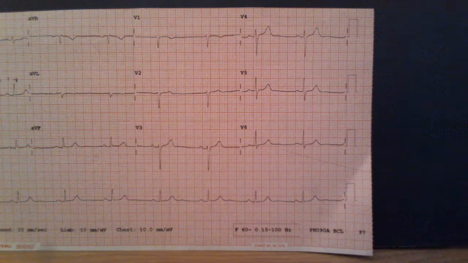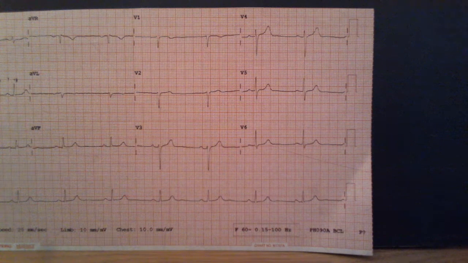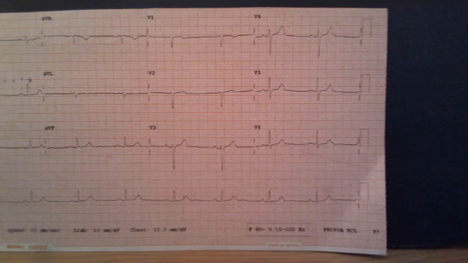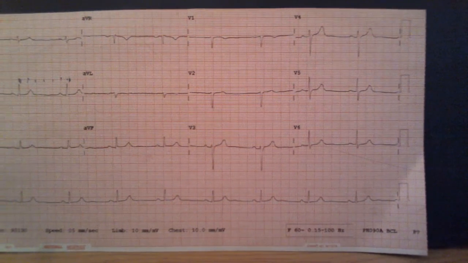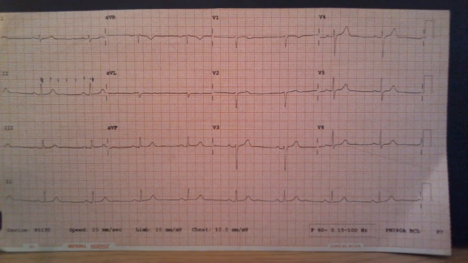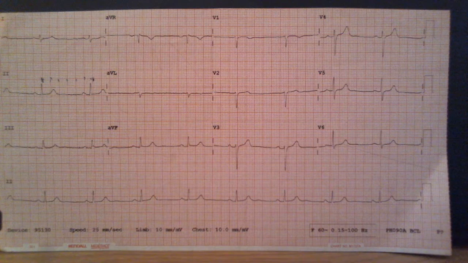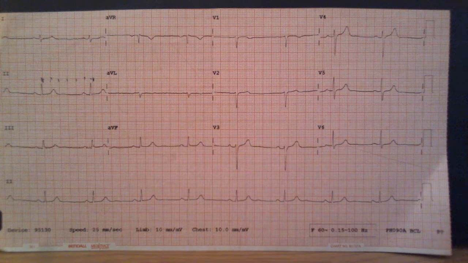The next topic we're going to talk about is the measurement of the QT interval. I'm doing my best to get this all into view for you, but since I am not a professional video person, it is as good as it gets.